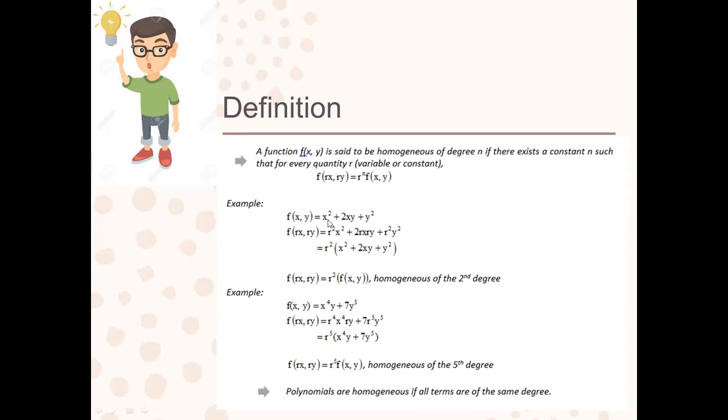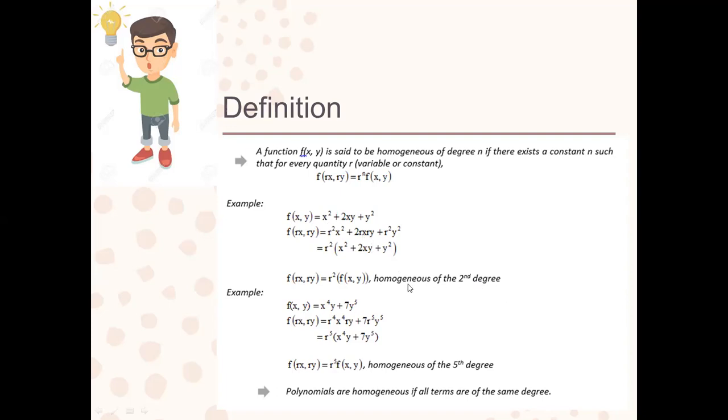Because the exponent of the variable, or the sum of the exponents of the variables if there is more than one variable, is in this example the same, with value equal to 2. So this is 2. Your x and y here are each raised to 1, so the sum would be 2, and your y here is raised to 2. So each of the terms is of degree 2, or of power 2. So we say this polynomial is homogeneous of degree 2, or homogeneous of second degree.